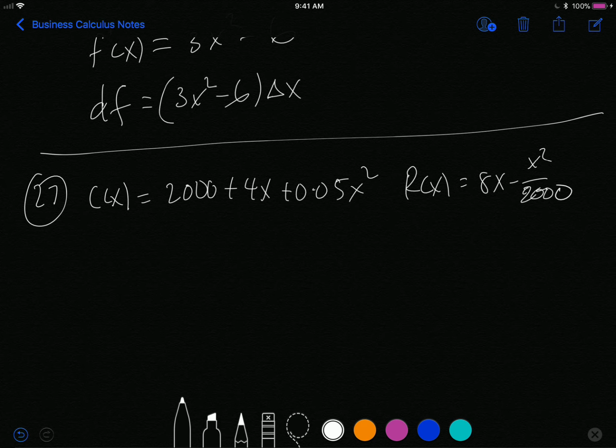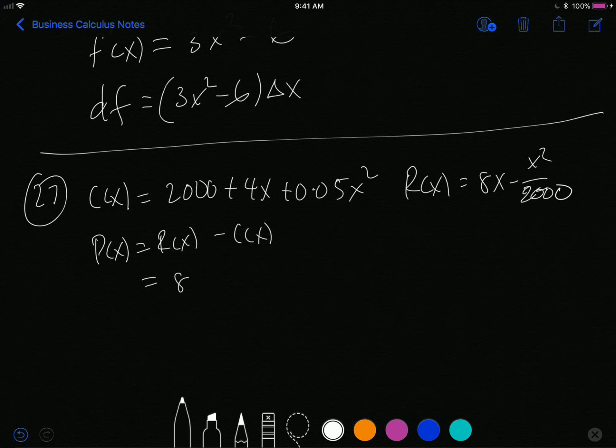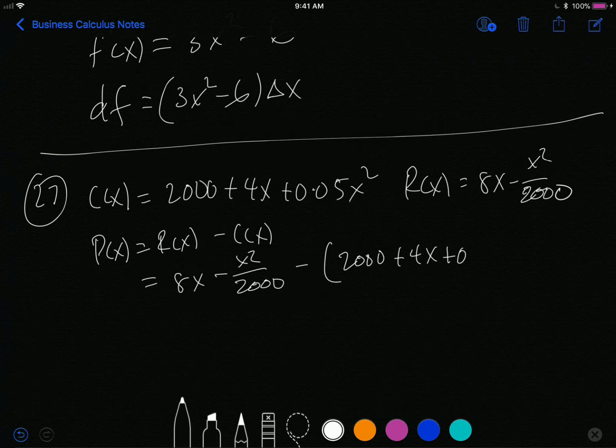Very simply, I first find the profit function. It is simply R of x minus C of x, which is 8x minus x squared over 2,000 minus parentheses 2,000 plus 4x plus 0.05x squared.